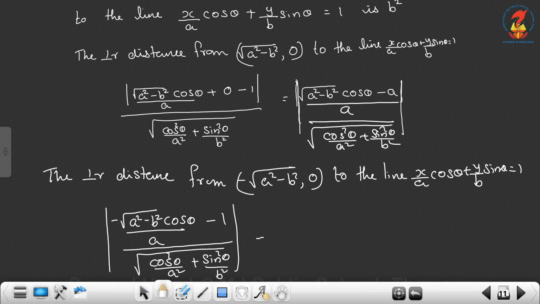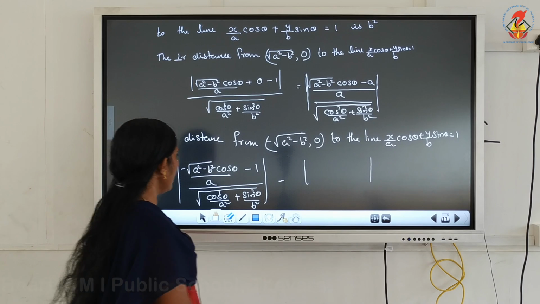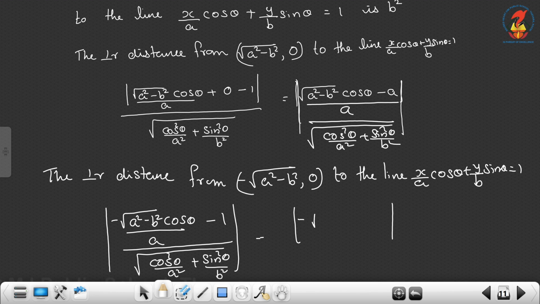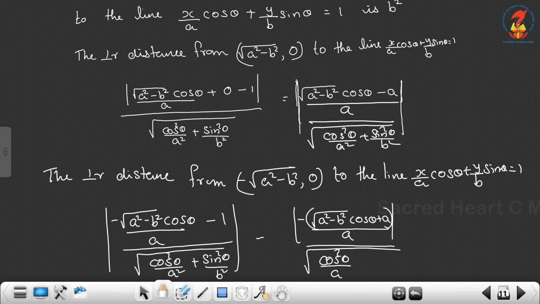Or we can write it as modulus of, taking minus out, minus of root of a square minus b square cos theta minus a; minus is outside, so it is plus a, by a, then by root of cos square theta by a square plus sin square theta by b square.